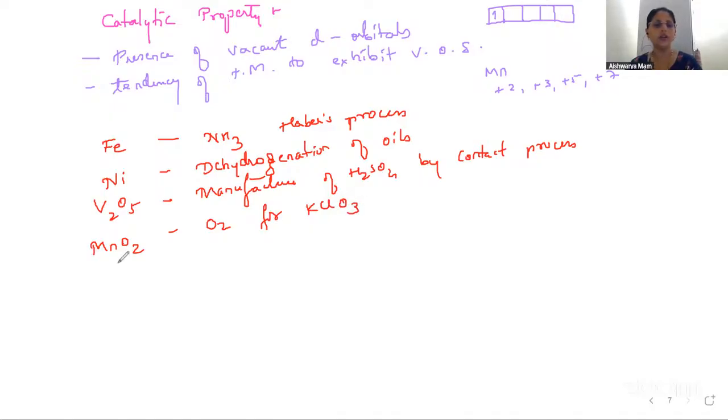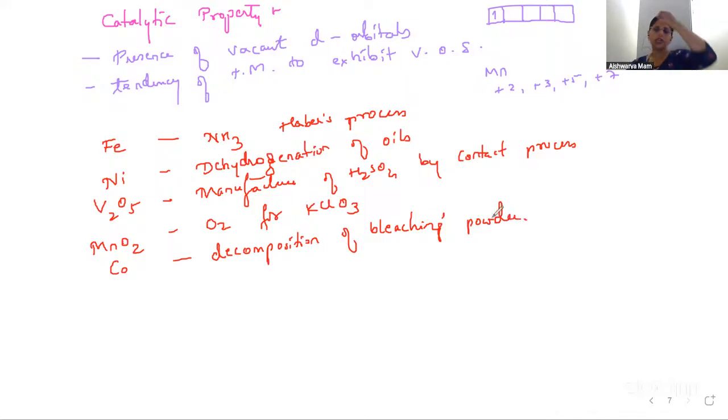Then cobalt is used for decomposition of bleaching powder. So these are some of the applications. Even titanium trichloride is used as a Ziegler-Natta catalyst.